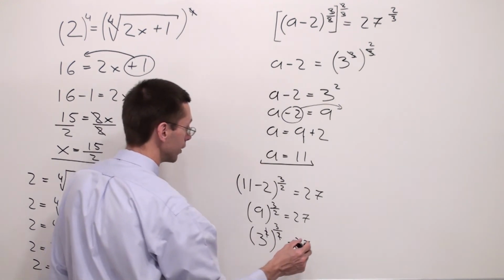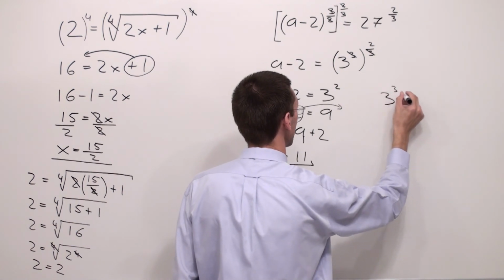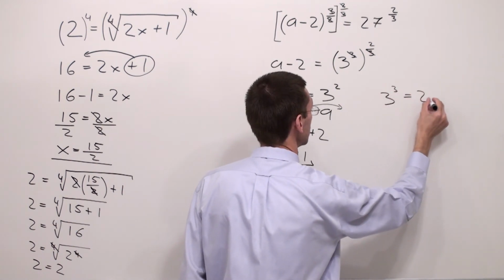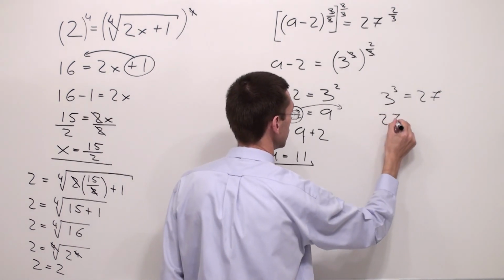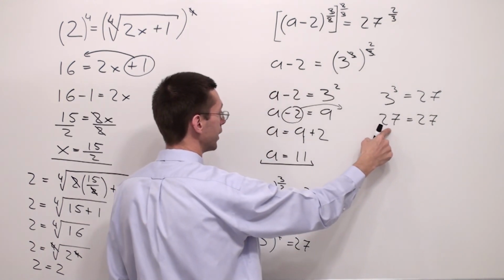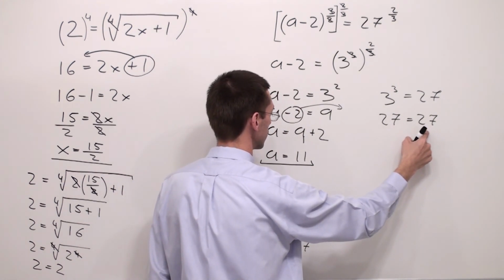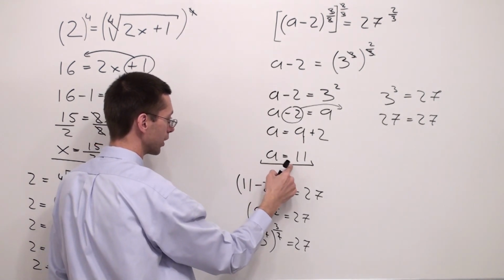In other words, I have 3 to the third power equals 27. 3 to the third power is 27. 27 is equal to 27. The left side of my equation is equal to the right side of my equation. That's why the answer to my problem is a equals 11.